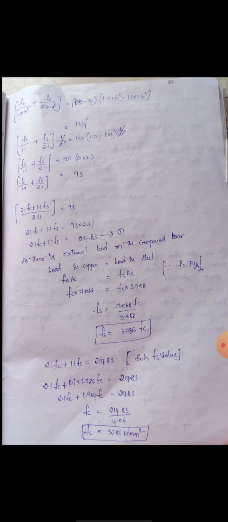Taking LCM between the 1.1 and 2.1, the LCM is 2.31. So in the first term, 1.1 is 2.1 times the 2.31 value.